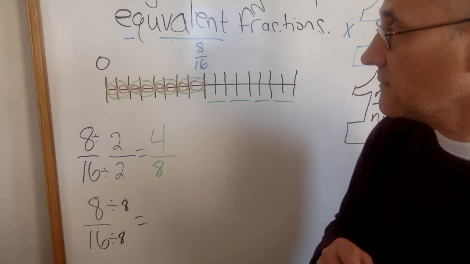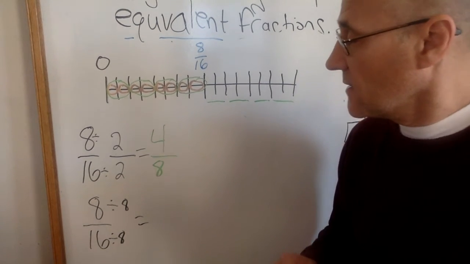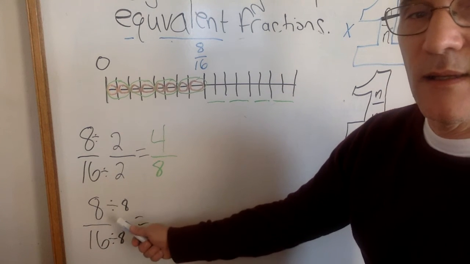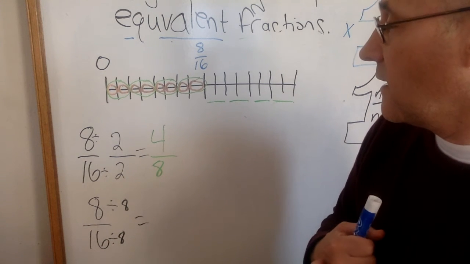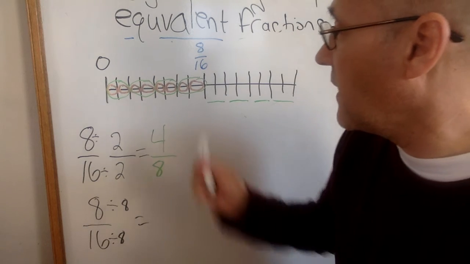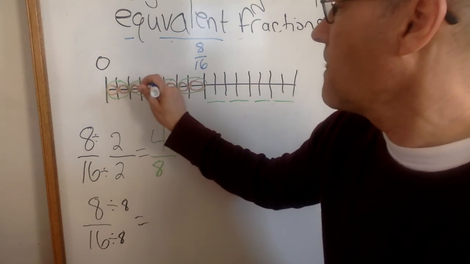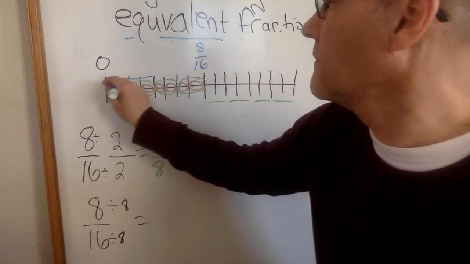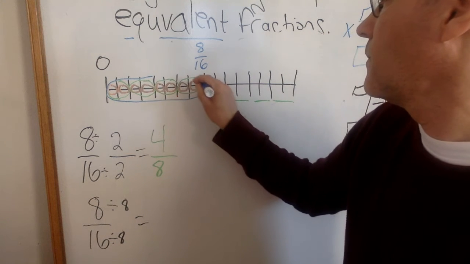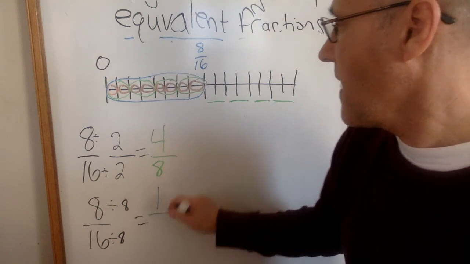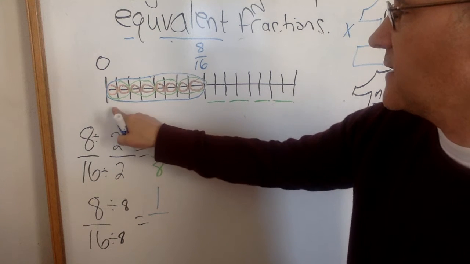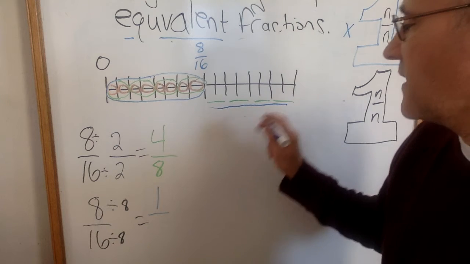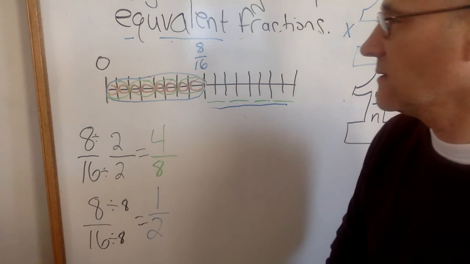So what I could have done is said, how many 8s are in 8? Well, in 8, there would be 1 8. And in all of the 16, how many 8s are there? There's 1, 2, 3, 4, 5, 6, 7, 8, 2 8s.